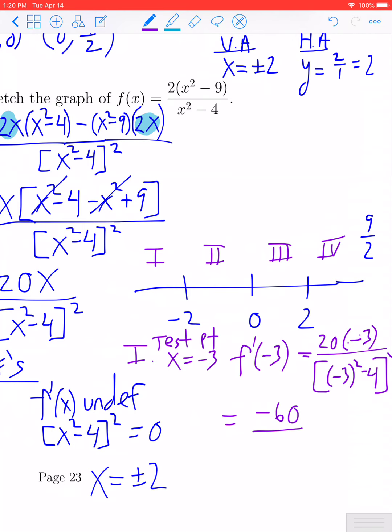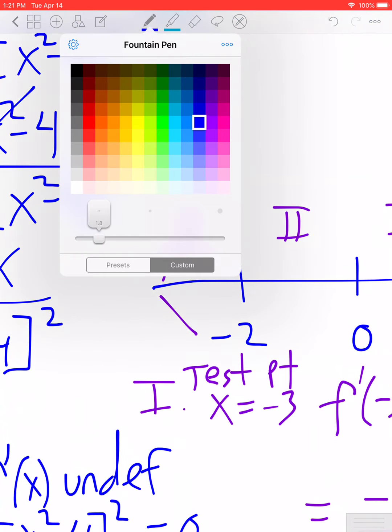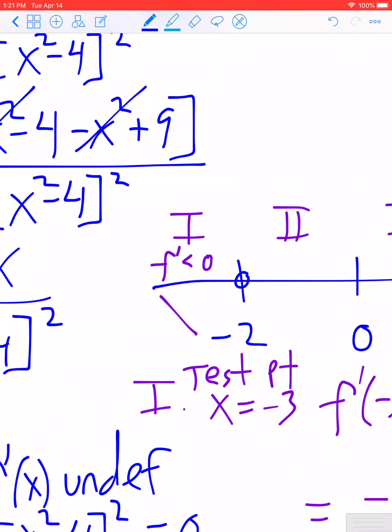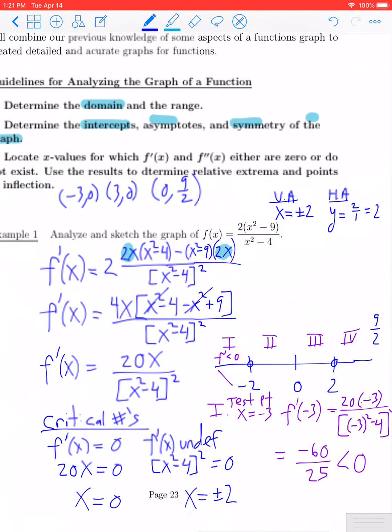And then 5 squared is 25. So we get negative 60 over 25, which is less than 0. So that tells us that in this region here, f prime is less than 0, so the function is decreasing. We also want to keep in mind that here and here we have vertical asymptotes. So let me write those points as open circles.